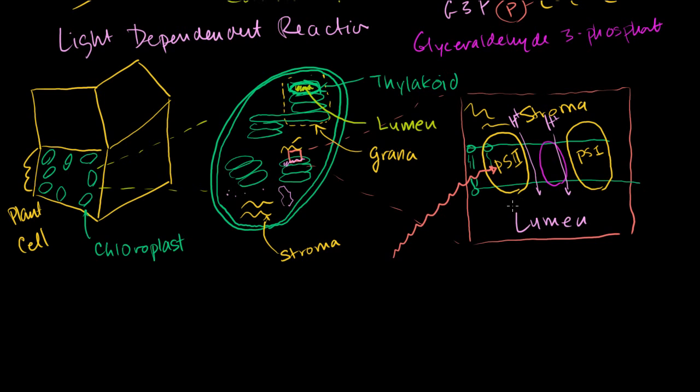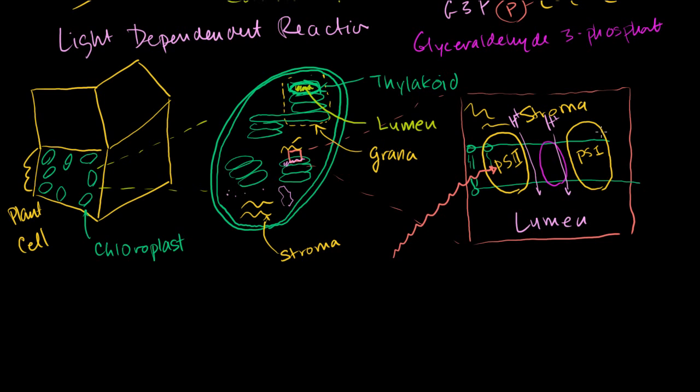But in either case, you're creating this gradient where, because of the energy from essentially the photons, the electrons enter a high energy state. They keep going into a lower energy state, and then they go to photosystem 1, and then they get hit by another photon. That's a simplification, but that's what you can think of. They enter another high energy state, then go to lower, lower, lower energy states.